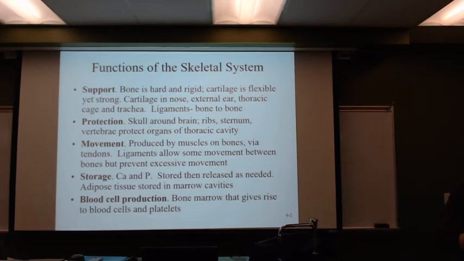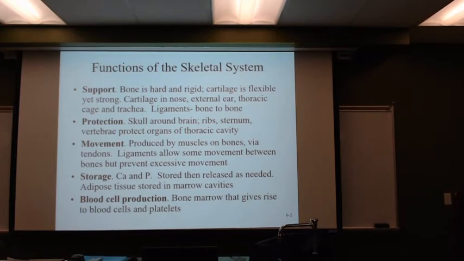They are encasing very important viscera. For example, the skull is giving tremendous protection to the brain, the vertebral column to our spinal cord, the rib cage to the lungs, the heart, a little bit to the kidneys.